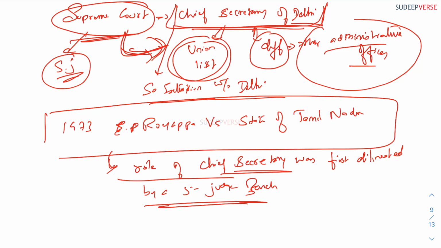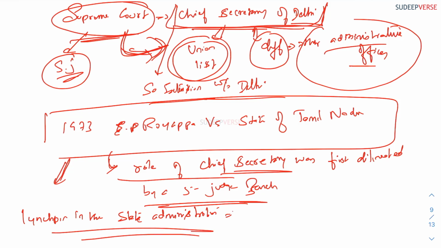It is here that the Chief Secretary's position was described as a linchpin in the state administration. It was also said that this position necessitates a rapport with the chief minister.